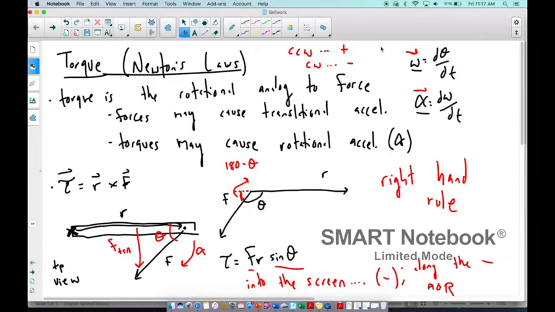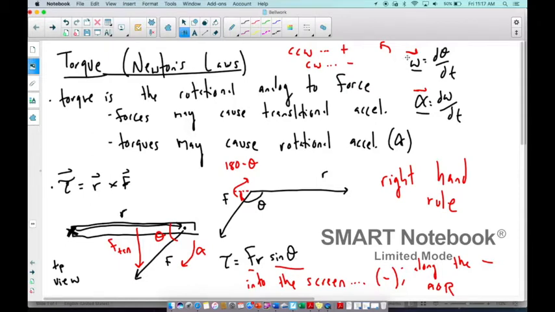When you're going counterclockwise this way in the unit circle, your angle gets bigger. But the positive and negative of omega and alpha really correspond to the positive and negative axis of rotation. Again, we like to anchor our directionality on the axis of rotation because it doesn't change, it doesn't move. All right.